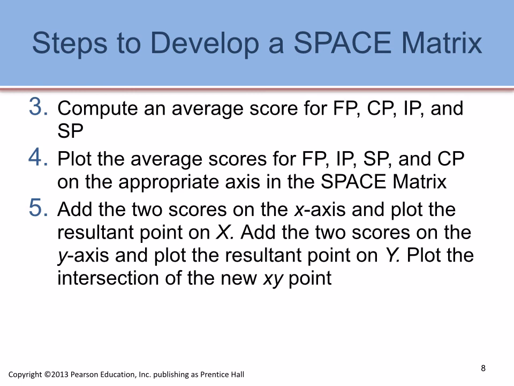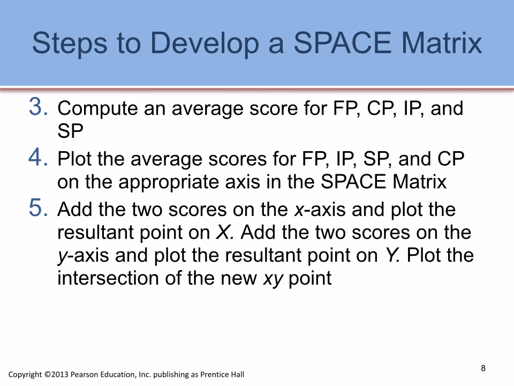And then you need to compute an average score for FP, CP, IP, and SP by summing the values given to the variables and dividing by the number of variables included in each dimension. So you're assigning an average score for FP.